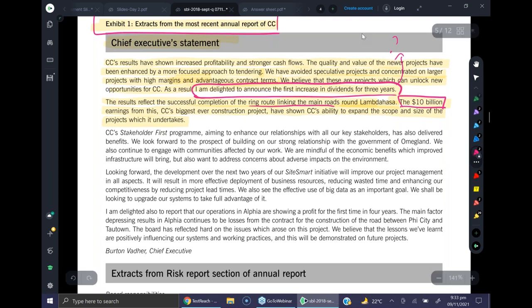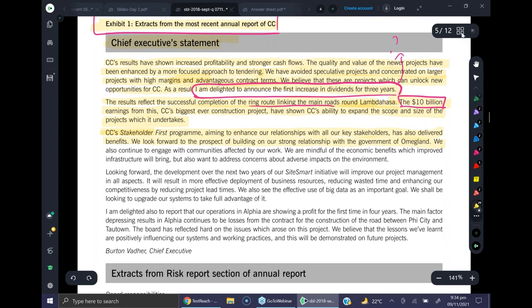Okay, further the chairman says that CC's stakeholder first program aiming to enhance our relationship with all our key stakeholders has also delivered benefits. We look forward to building on our strong relationship with the Government of Omegland. We also continue to engage with communities affected by our work.